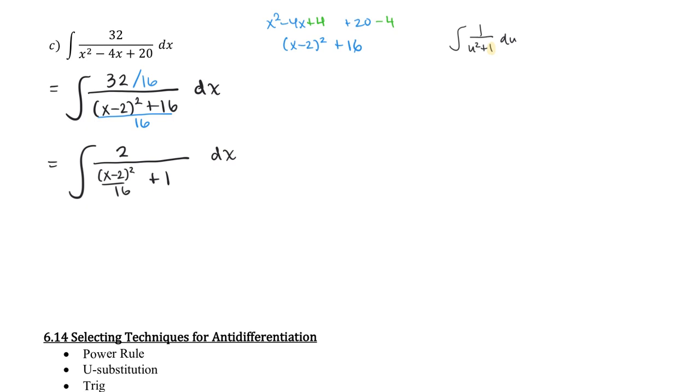So I'm going to rewrite this one more time before I try to integrate it. I'm not worried about the 2 at the top because that's just like a constant. So I'm going to rewrite this as ((x minus 2) over 4) squared plus 1, because now it looks more like u squared plus 1, where u is (x minus 2) over 4.